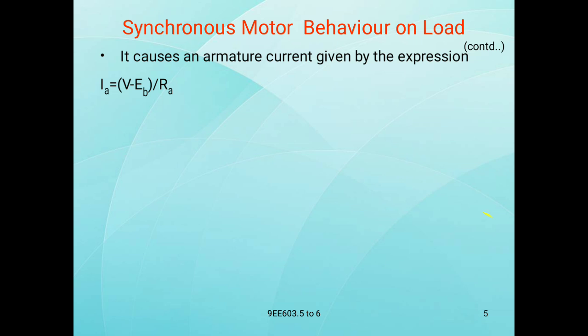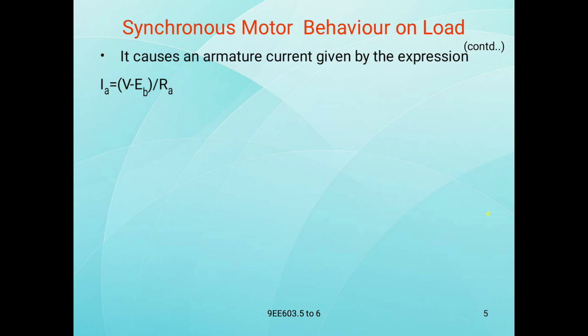In DC motors, the back EMF Eb is established in the armature, and it opposes the supply voltage.